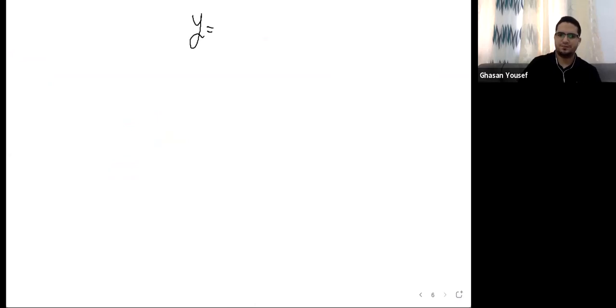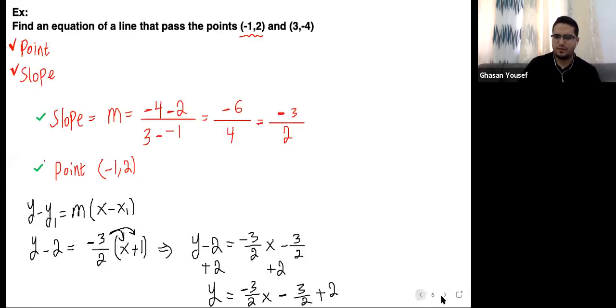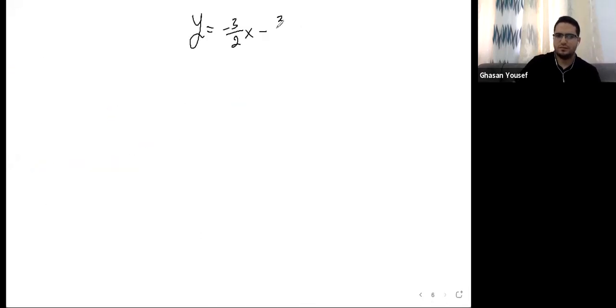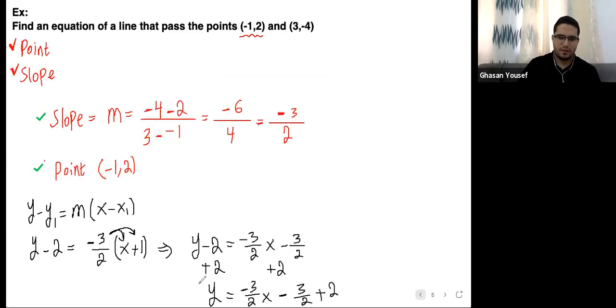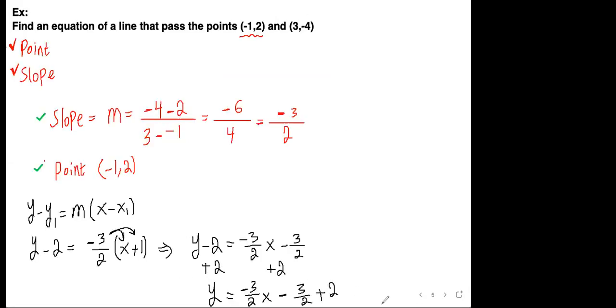y equals minus 3 over 2 x minus 3 over 2 plus 2. The common denominator is 2.